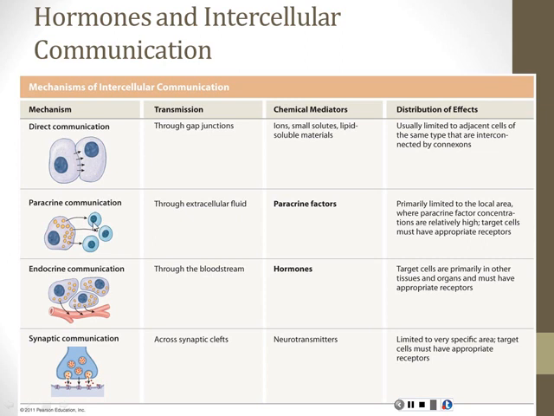The next is paracrine communication. This is where cells talk to neighboring cells, not directly like in the gap junctions, but using chemicals released from one cell that travel through the interstitial fluid. So in a typical tissue, you're going to have multiple cells in sort of a solution called interstitial fluid.